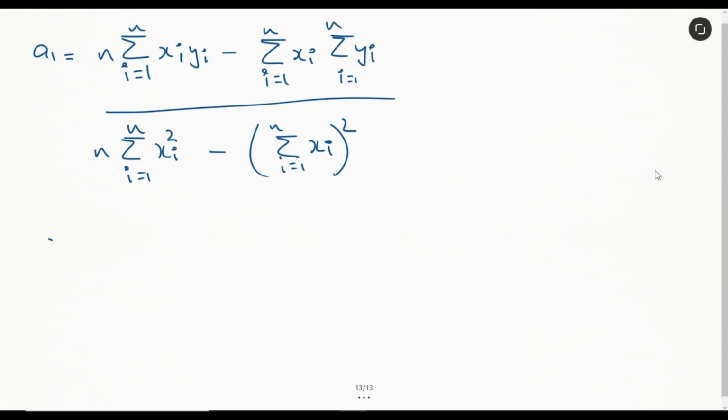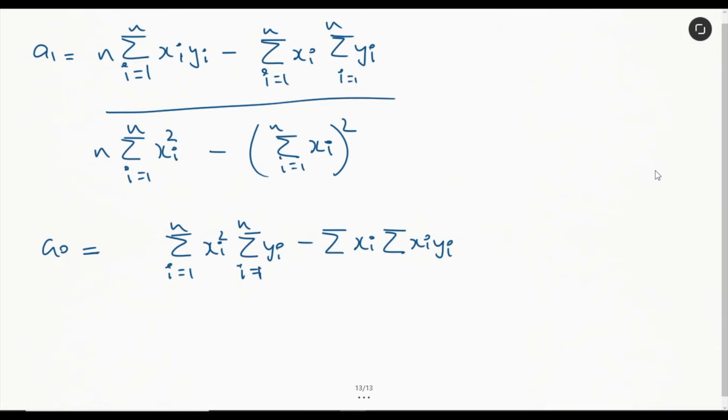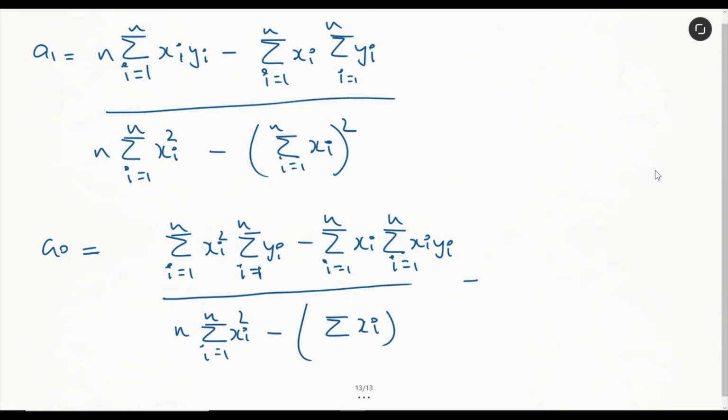And this a naught can be given as the sum of xi square times the sum of yi, from i equal to 1 to n, minus the sum of xi times the sum of xi yi, from i equal to 1 to n, divided by the same denominator: n times the sum of xi square, minus the square of the sum of xi.